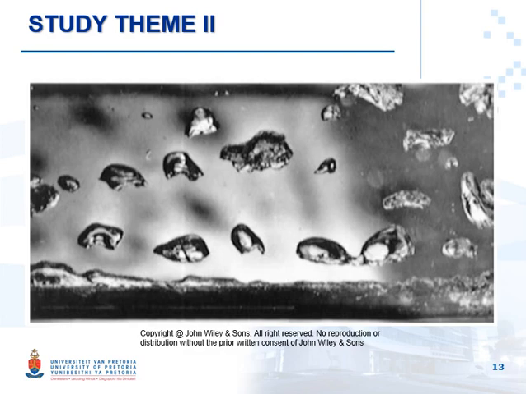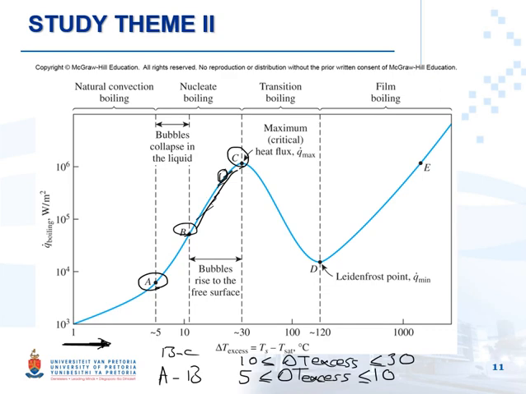In the transition boiling regime, nucleate boiling and film boiling are happening simultaneously. That's the reason we call it transition. Going from point C to D will increase the percentage of film boiling from 0 to 100.